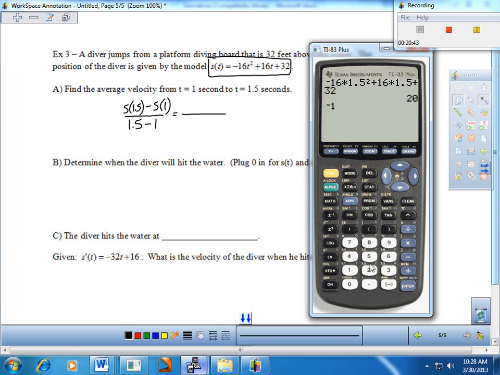Let's take care of that. So what about 1 second? So negative 16 times 1 squared plus 16 times the 1, and then plus the 32. And I get 32. So my two positions, my two y values, would be 20 and 32.